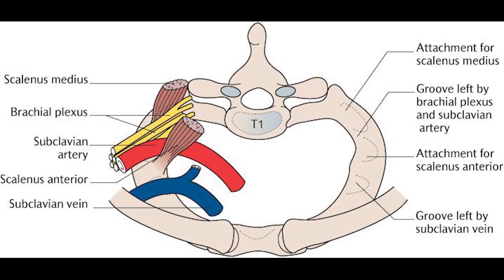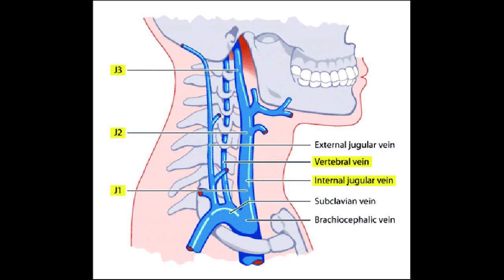Then the other one is the subclavian vein. The subclavian vein lies in the groove on the first rib. It lies anterior to the insertion of scalenus anterior and at a lower level than the scalenus anterior, due to the position of the first rib with its angulation. Then it joins the internal jugular vein to form the brachiocephalic vein.